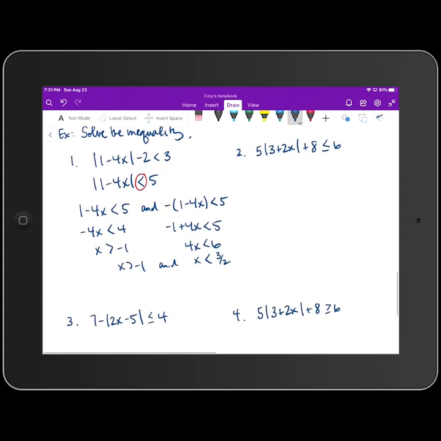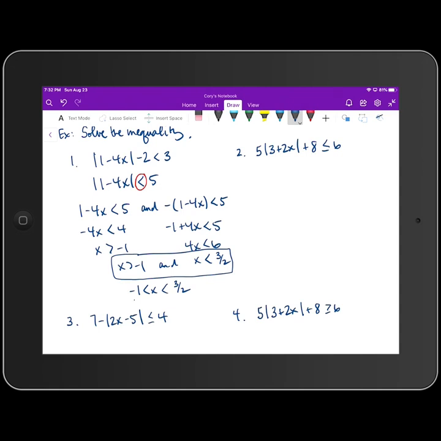Well, what we can actually do in this particular case is combine these two statements into a single compound inequality, where I can say that negative 1 is less than x, which is less than 3/2.